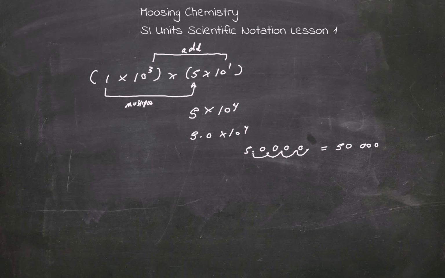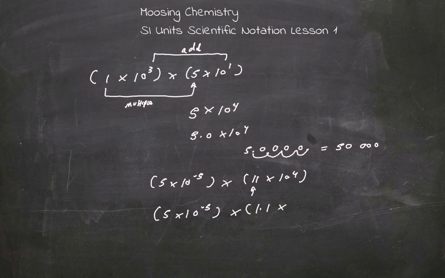Let's look at another one like this. Let's say 5 times 10 to the negative fifth times 11 times 10 to the fourth. The first thing you want to do is take this 11 and change it, so this is going to become 5 times 10 to the negative fifth times 1.1 times 10 to the fifth.